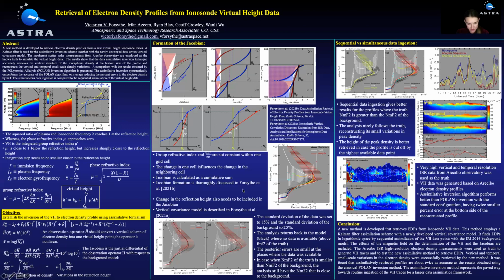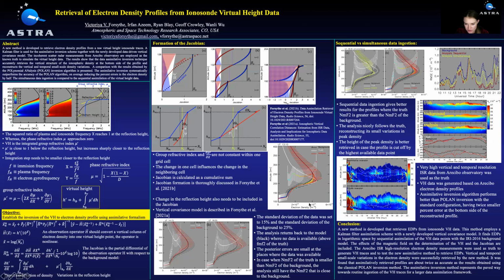So let's now look at some results, how this assimilative method works. To generate the data, we used very high spatial and temporal resolution radar measurements from Arecibo Observatory, and we generated virtual height data points based on this known truth.